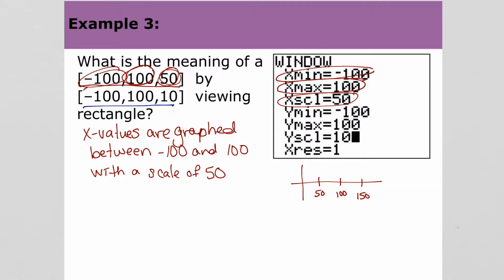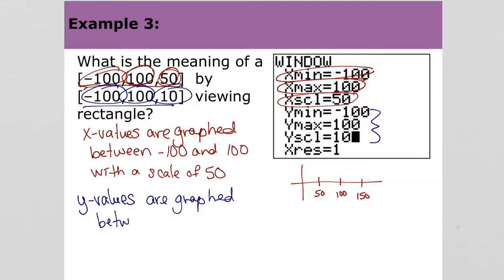And then next we've got the y values. So we've got negative 100 to 100 with a scale of 10. And you can see that over here. So the y values are graphed between negative 100 and 100 with a scale of 10.